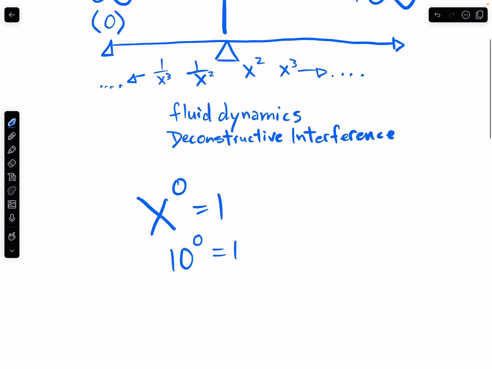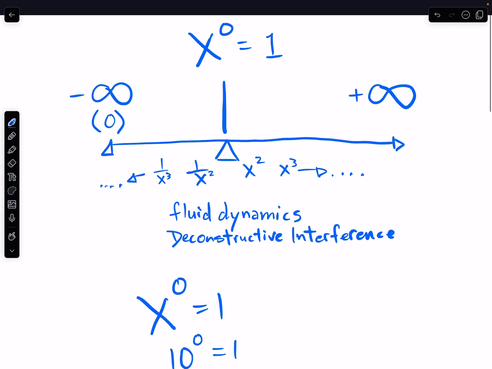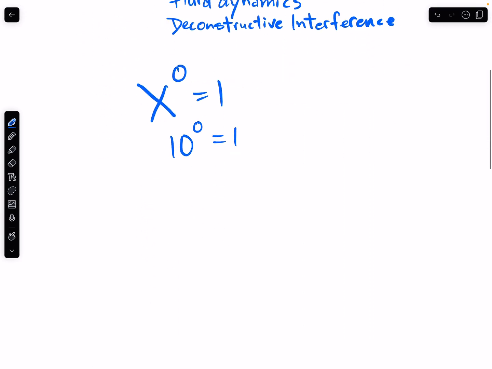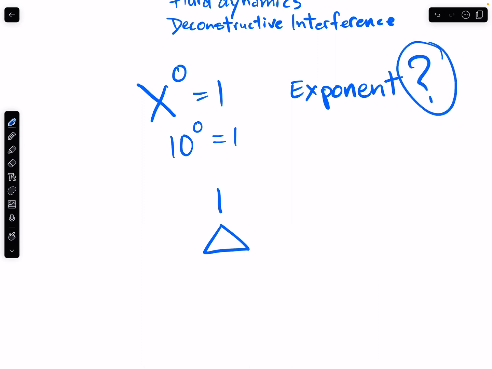It's so interesting to understand how there's this polarity here. We'll put the fulcrum in the middle again, 1. And what are exponents? That's the question. What the heck is an exponent? It is a way to symbolize multiplication.